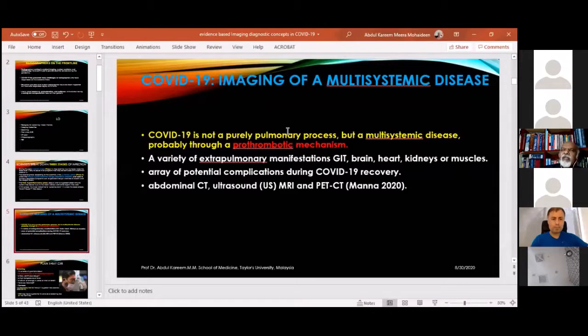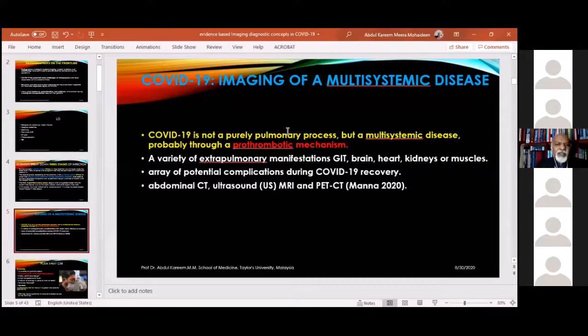Because COVID-19 is proved to be a multi-system disease. It affects many parts of the body, especially vital organs. So we have to choose many imaging modalities in the diagnosis of COVID-19.